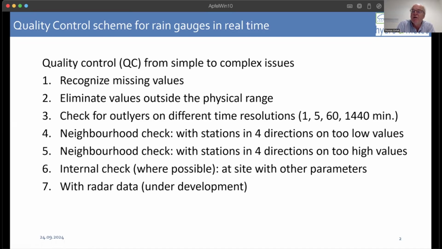For example, when it comes to 0 values, or when it comes to values where you have one high value which is suspicious, you can check with radar data, and you can very often find a clear answer whether the value can be used or should not be used.